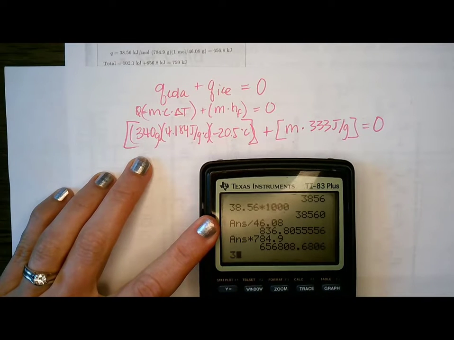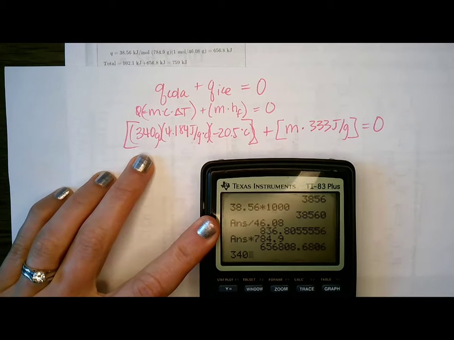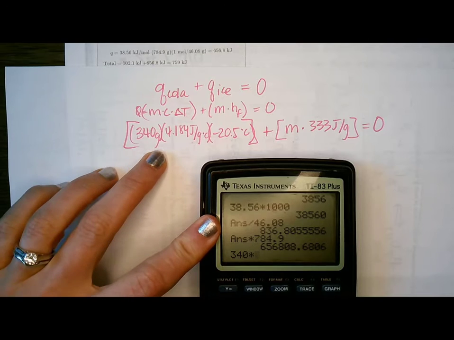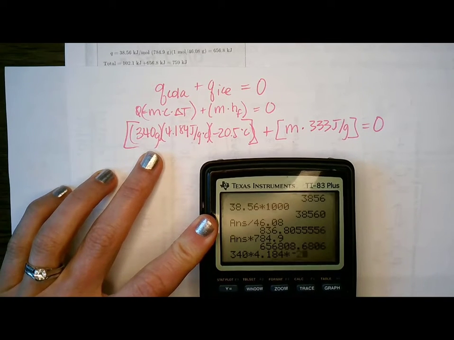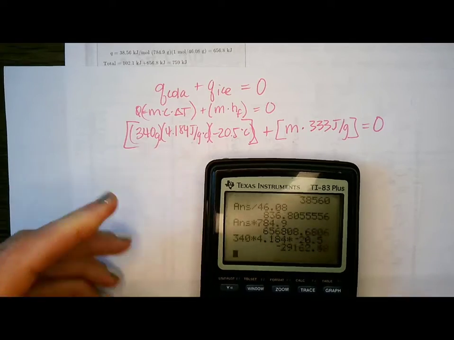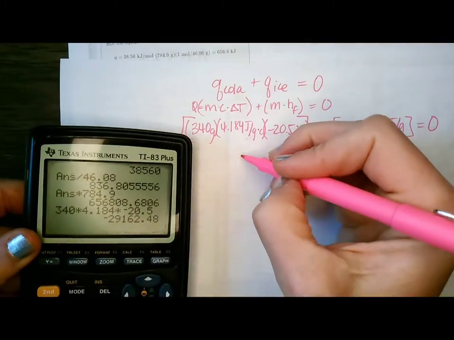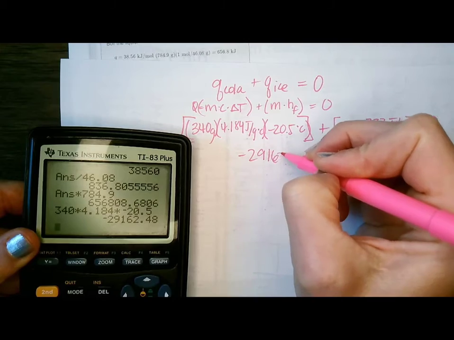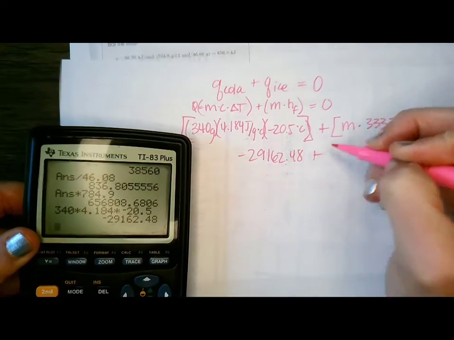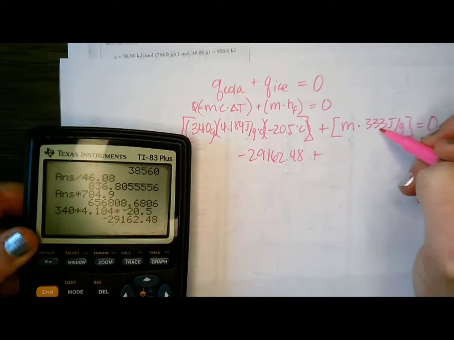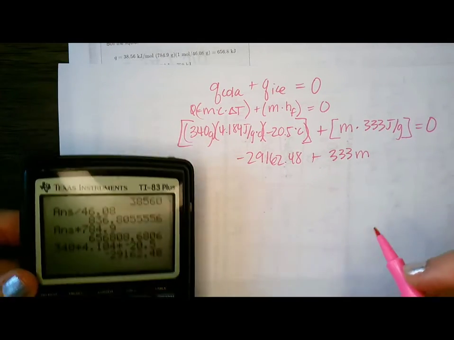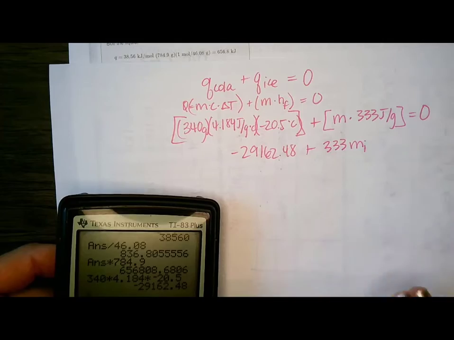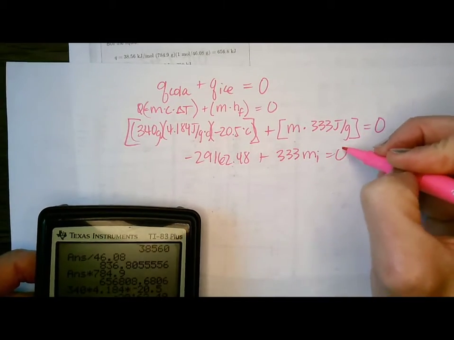We're going to do 340 times 4.184 times negative 20.5 to get negative 29162.48 plus, when we multiply these two together, we get 333, we're going to call it M. We'll say Mi for the mass of the ice is equal to 0.